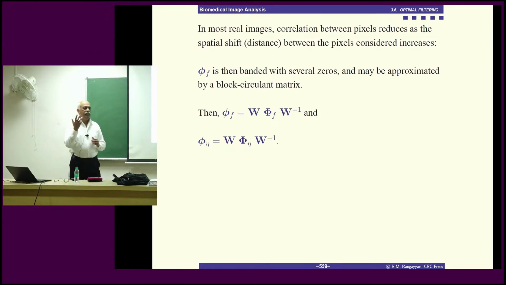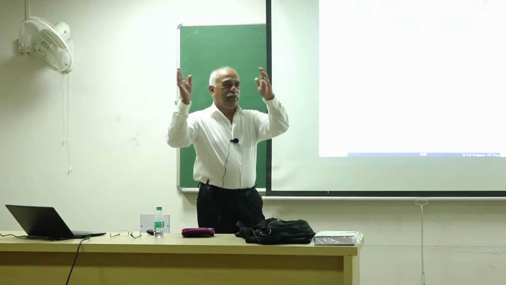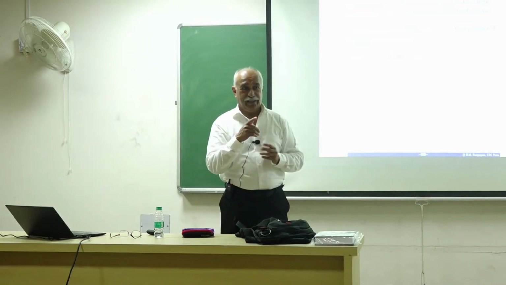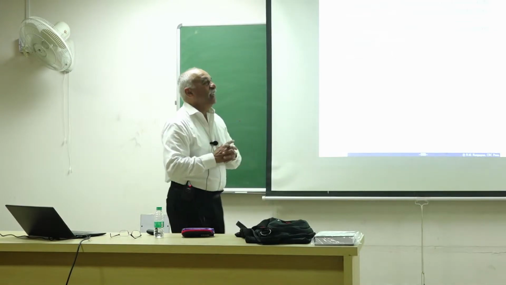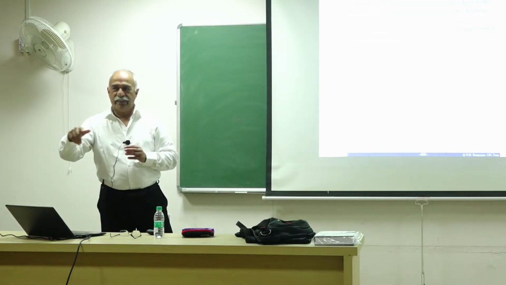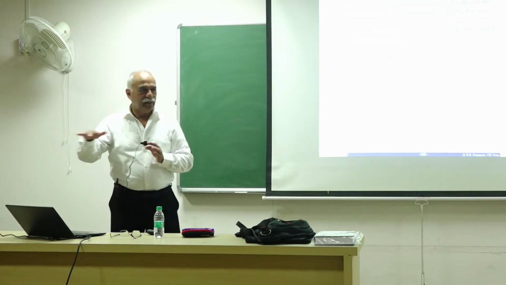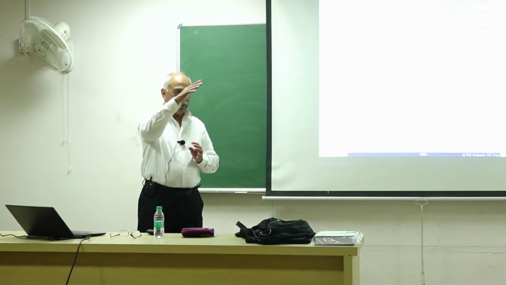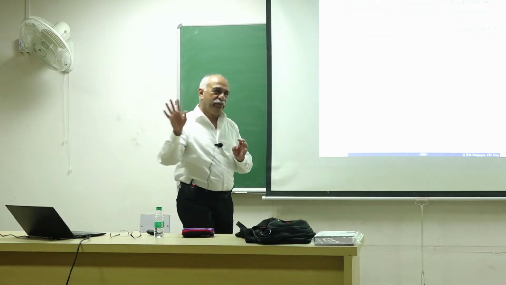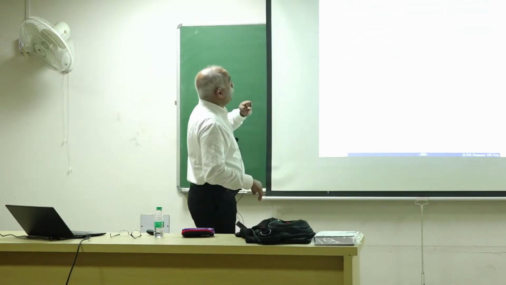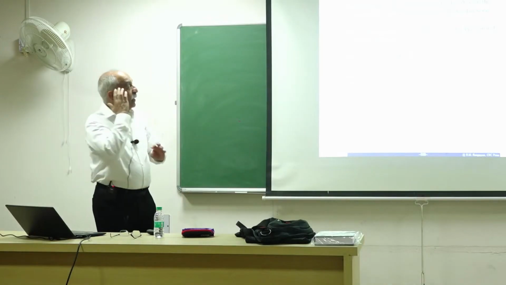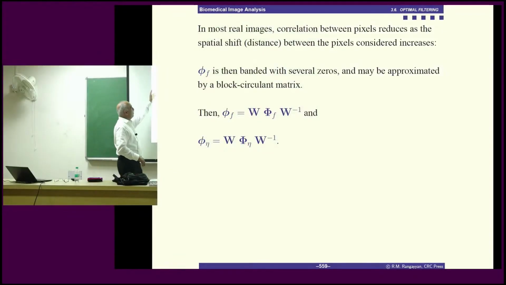But in a real life signal, take a picture outside or any natural signal, not a periodic one, as the shift increases, the autocorrelation function decreases, and very soon it will go to 0. So in most cases, the autocorrelation function is a decreasing function, and for large shifts it goes to 0. So then phi f is banded. There are many, many zeros, and it may be approximated by a block circulant matrix.